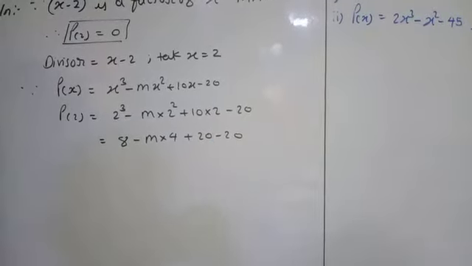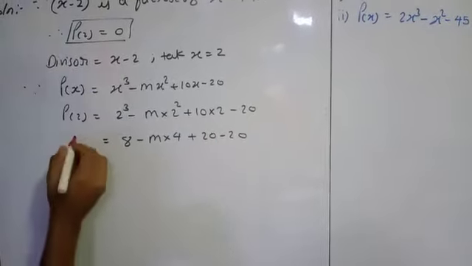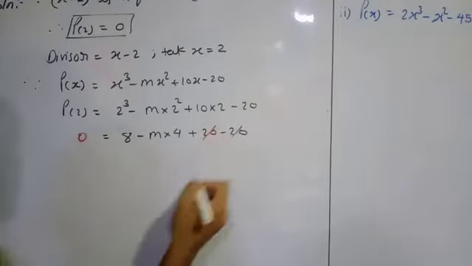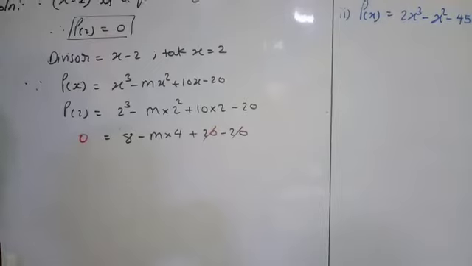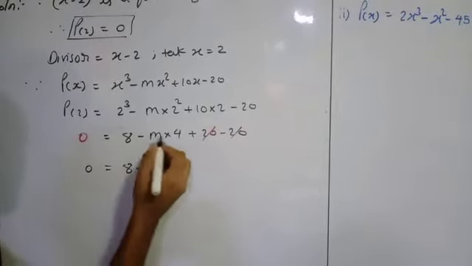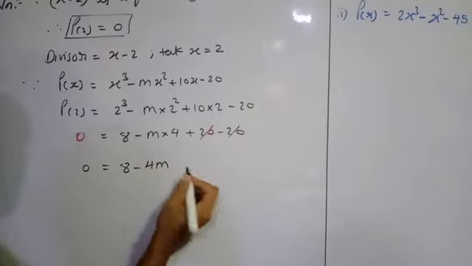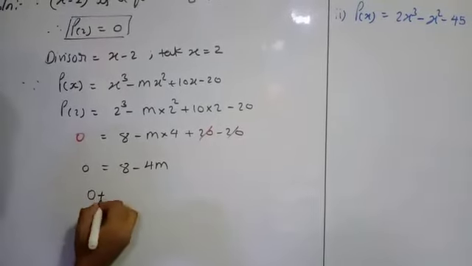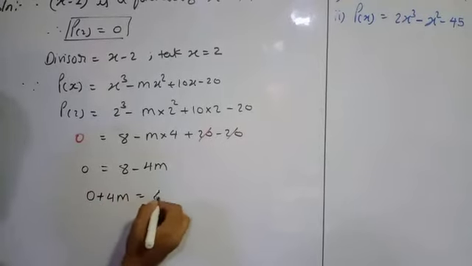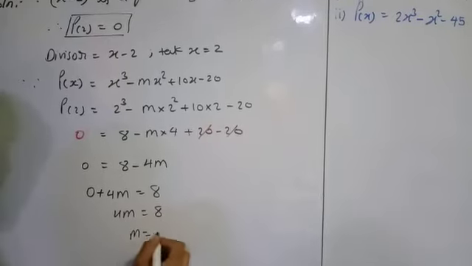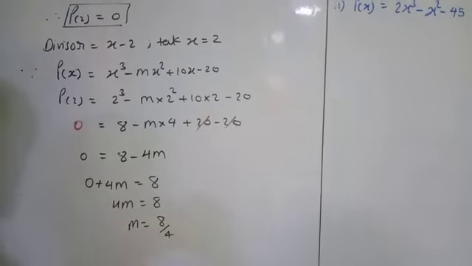Now we have to take P(2) is equal to 0, so put 0 over here. Plus 20 minus 20 will cancel. So 0 is equal to 8 minus 4m. Now this 4m, take to this side, will become 0 plus 4m is equal to 8. 4m is equal to 8, m is equal to 8 upon 4.